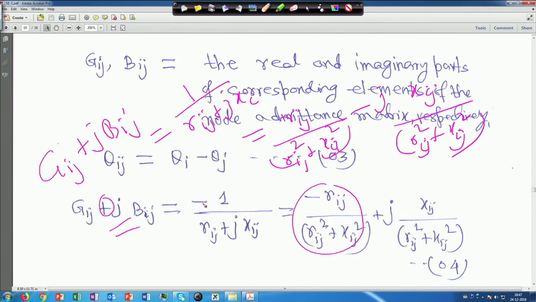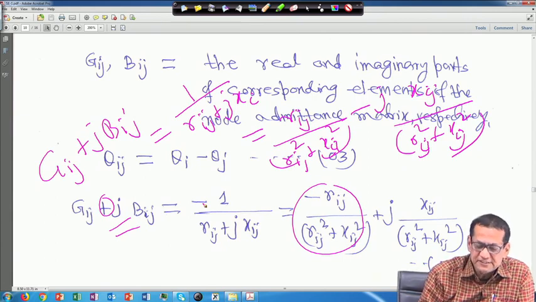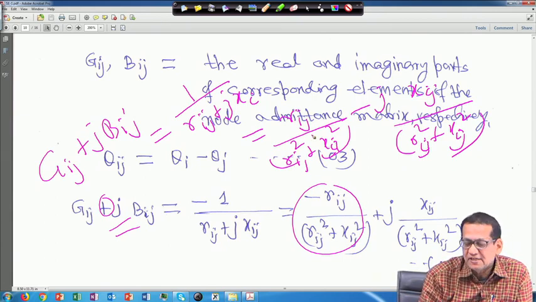But here we have taken a minus for the convention, and a different book might have taken a different thing. It does not matter, later we will use this convention only for your B_ij.